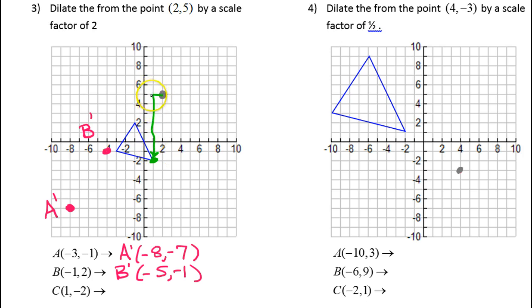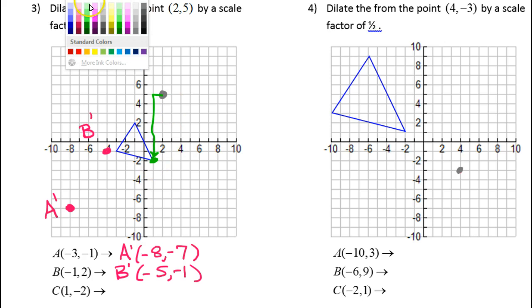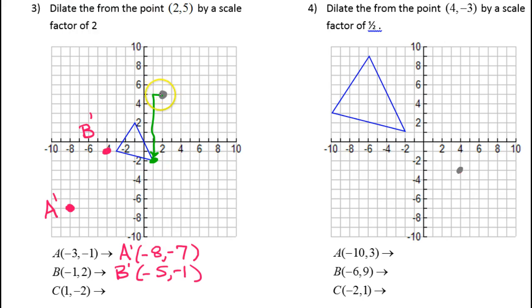So let's see, that's 5 and 2, so that's 7. So I went left 1 and down 7. So since the scale factor is 2, I'm going to have to double that path. So starting from my center, I need to go left 2 and down 14.